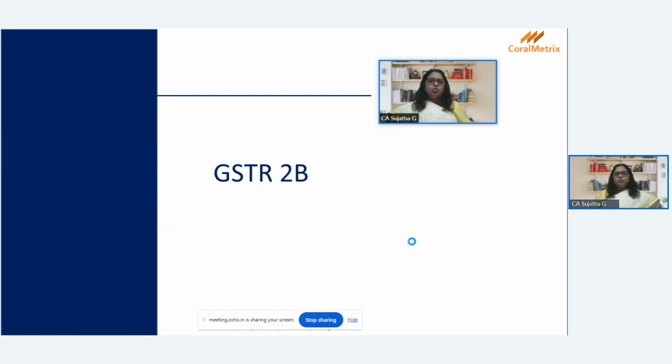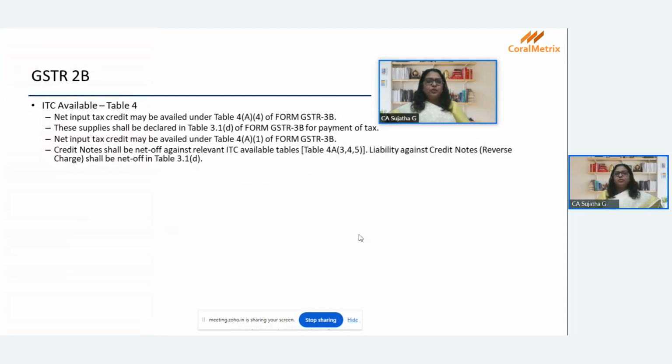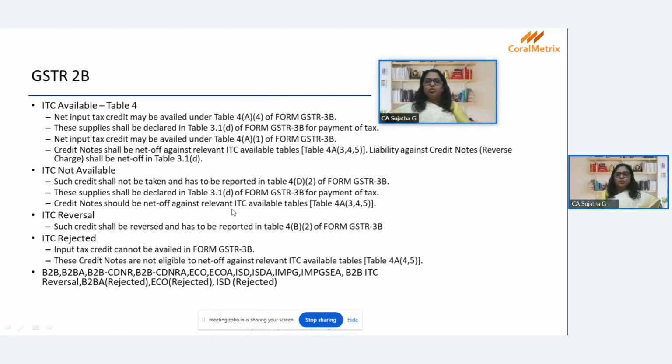Now let's move on to GSTR 2B, which is also a very basic return. I do not have to tell you at this point of time, after 8 years of GST, what GSTR 2B or 2A is. I don't think it is worth your time. In GSTR 2B, you have to be very careful about the number of fields that are appearing. There are certain things which say ITC ineligible, ITC not available, ITC to be reversed, ITC rejected.